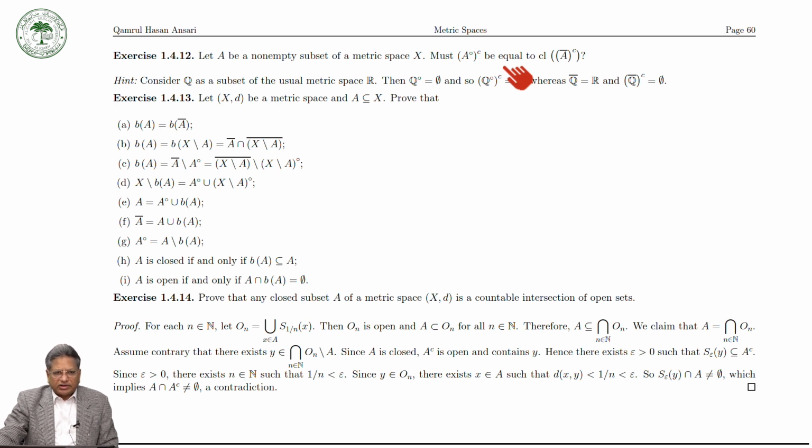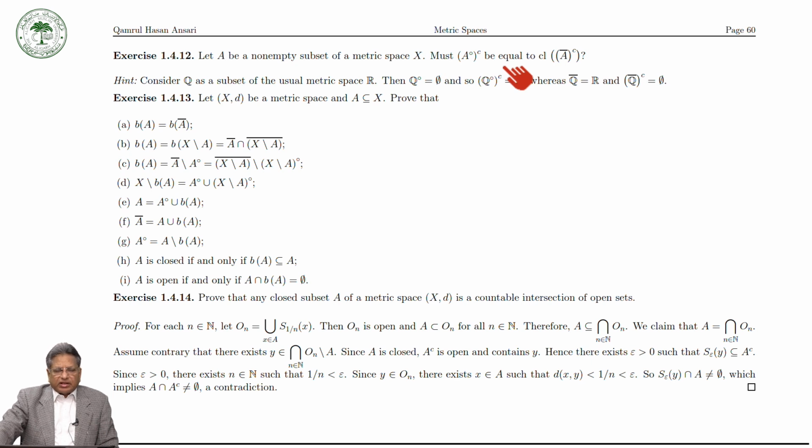As I am mentioning all the time, first you try to consider the set of all real numbers with the usual metric, and the second thing is that you can consider the discrete metric space.